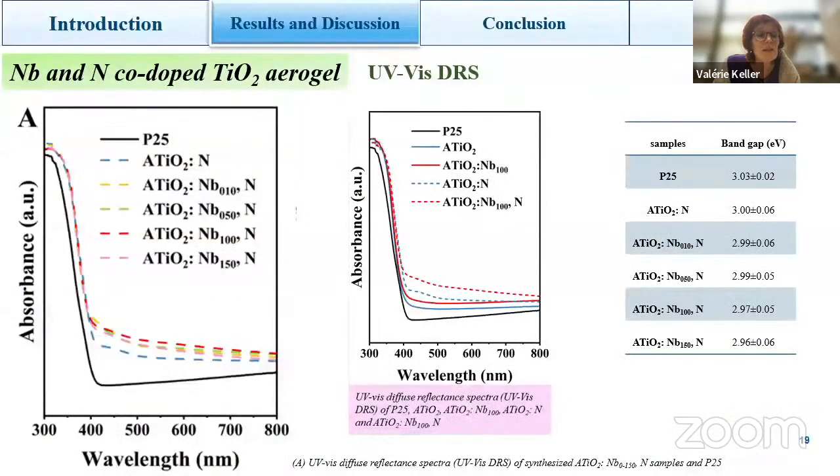So typically in this case, looking at the absorption spectra, you can see that there's an increase in visible light absorption. But the band gap doesn't change a lot. How could you explain it?